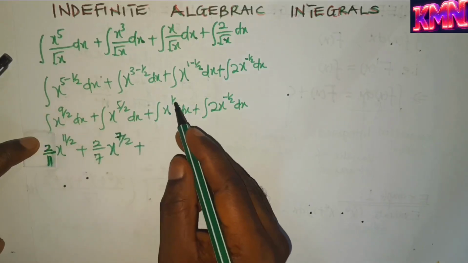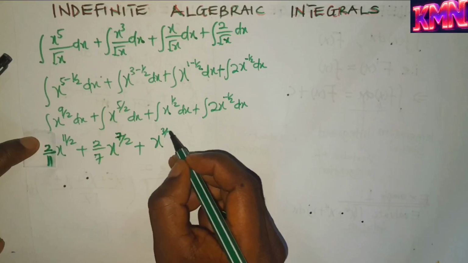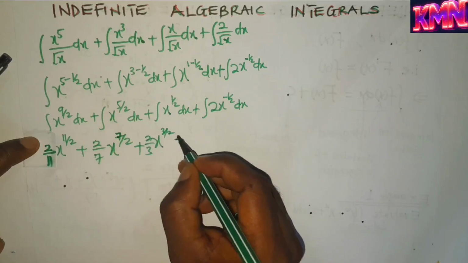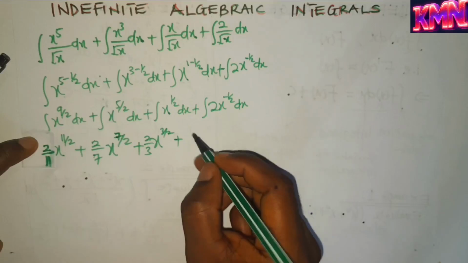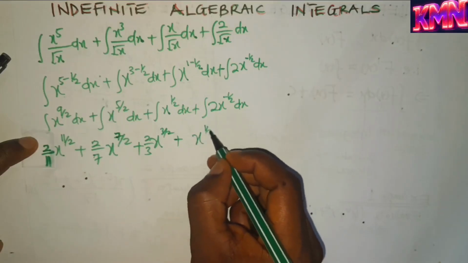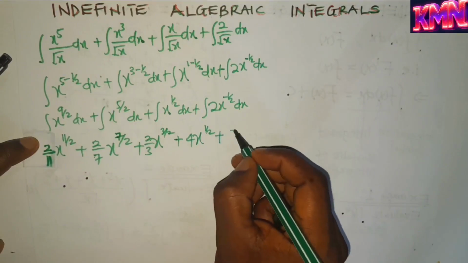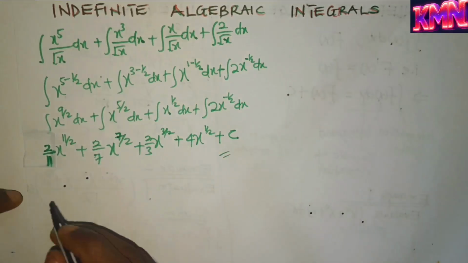Plus, when you add 1 to half, that is power 3 on 2 by 2 on 3. Plus, when you add 1 to negative half, it gives us x power half by half, that is 4 x power half, plus the constant c, and hence our solution.